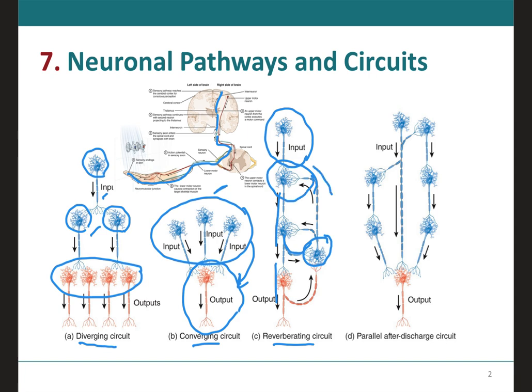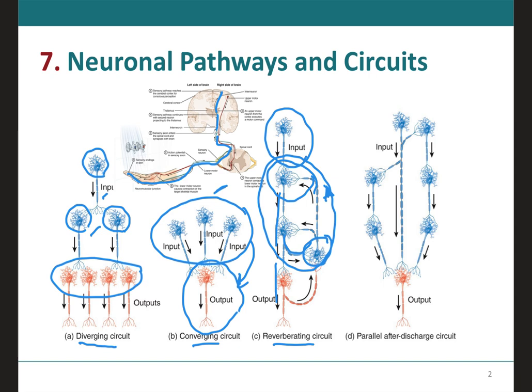So the output signal may last for a few seconds to many hours, depending on the number of synapses and the arrangement of the neurons in this circuit. But this can't go on forever, so there will be an inhibitory neuron that will turn this reverberating circuit off after a period of time.